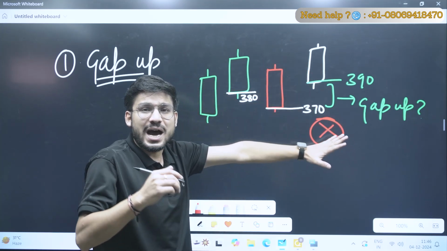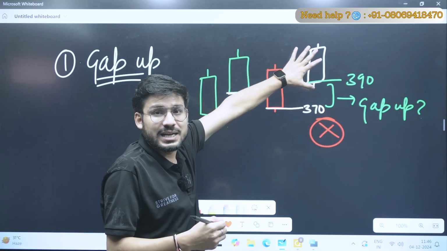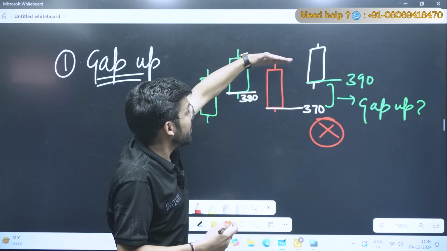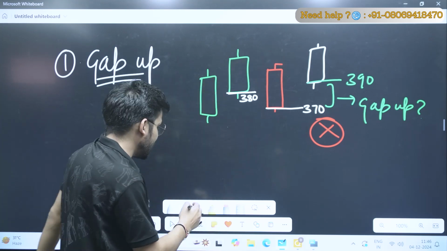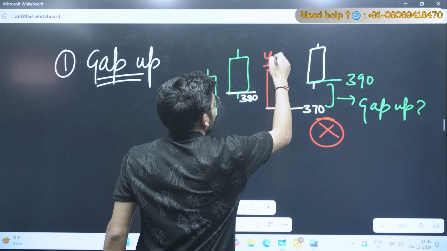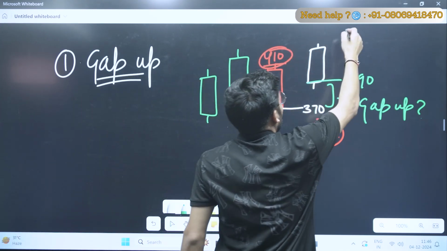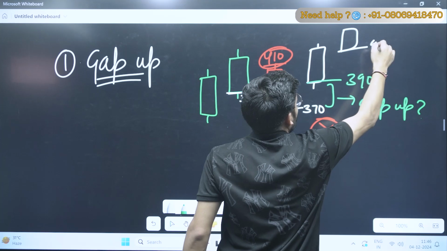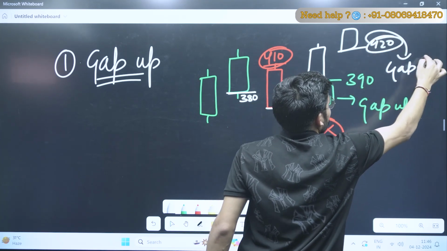Why? Because I will only consider a market to be gap up when the next day candle initiates above the high of the previous candle. That will be my gap up. So let's suppose the high of this candle is 410. If on the very next day the market opens above 410, say at 420, only then I will consider it a gap up.